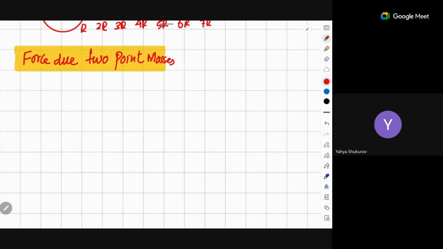As I told you, the force due to 2 point masses means that these can be two planets.